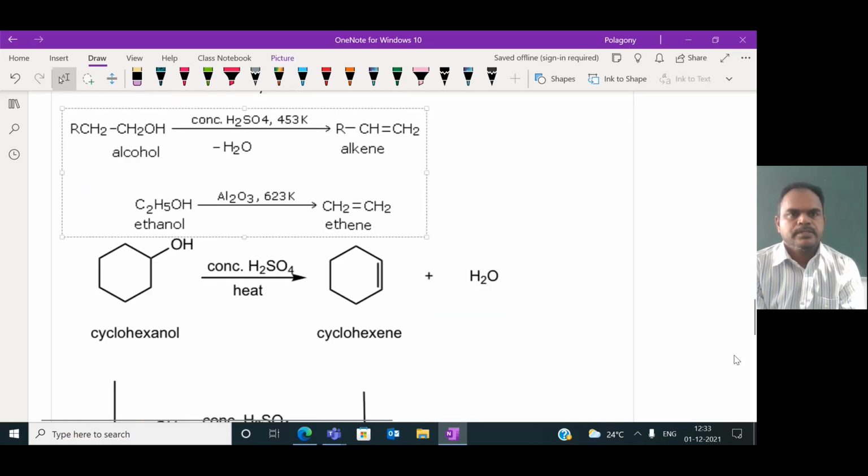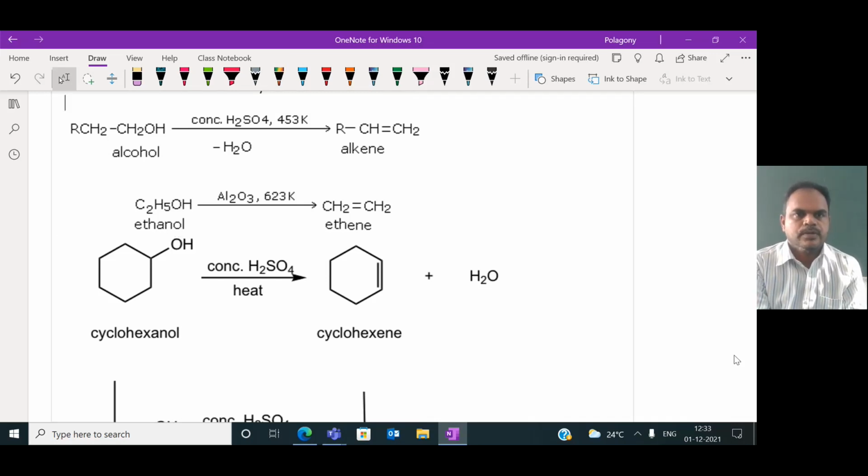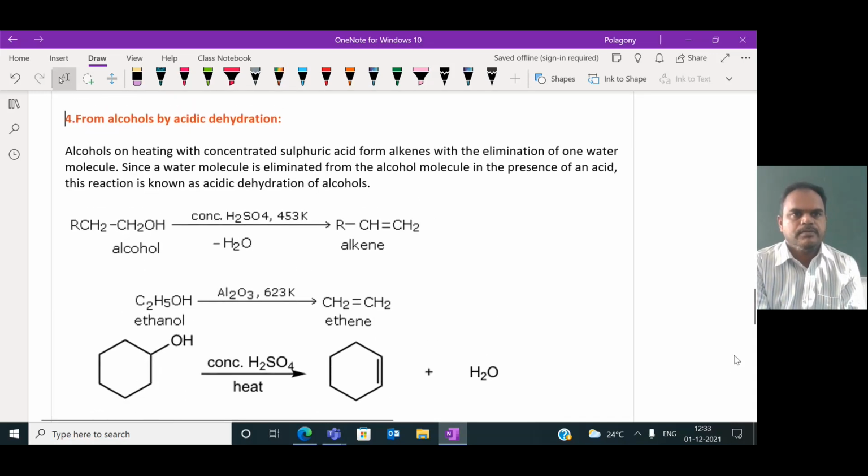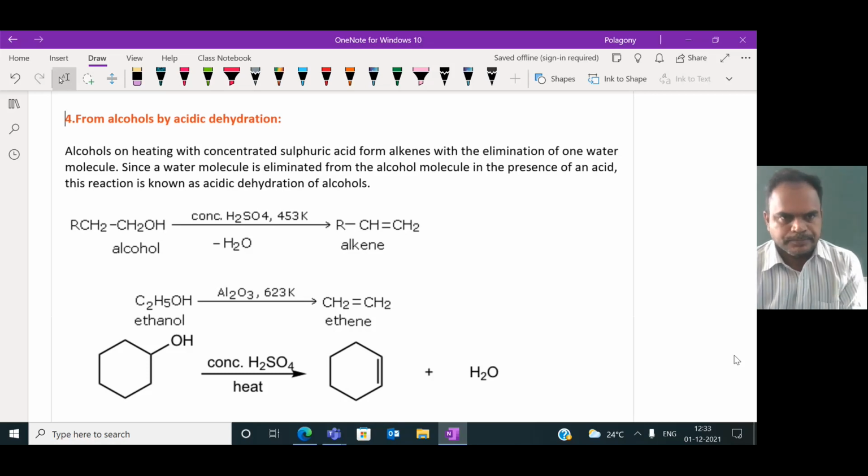Also we have other methods of preparation. This is the fourth method of preparation of alkenes. Alkenes also can be obtained from alcohols like ethanol, propanol, whatever. When these alcohols are treated with acid, this is acidic dehydration.